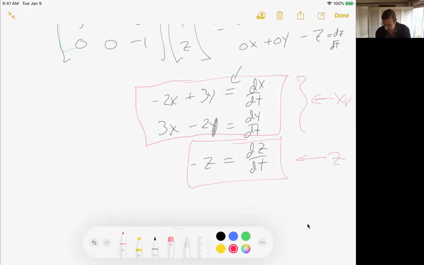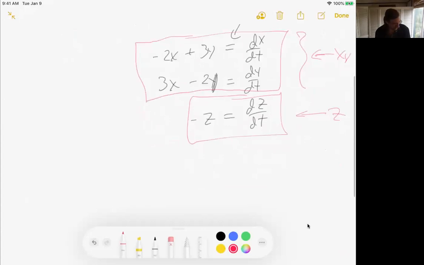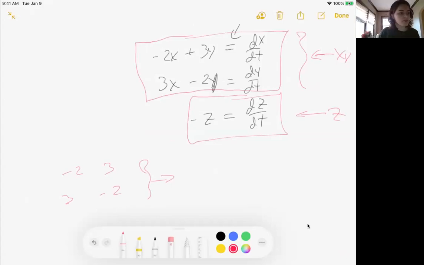Again, I don't know what answer they gave you, but I would think they want something where, let's see, -2, 3, 3, -2. What did the eigenvalues of that turn out to be? Did you do that one, Anna? Your mic's off. The eigenvalues for the whole system are 1, -1, and -5.